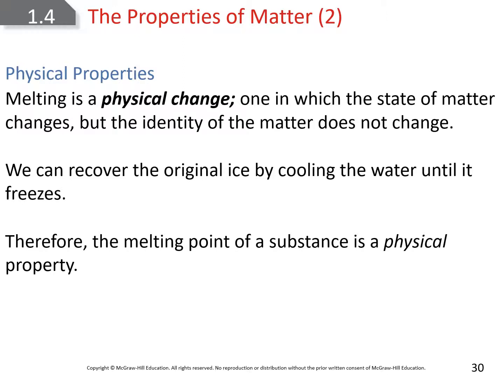So for example, if I start with ice and I melt it just by adding heat, and then I add more heat and vaporize it, the water molecules are still going to be the water molecules. They are not going to change, right? Because I can get those vapors back and I can re-liquefy it and refreeze it. It's still going to be water. That's a physical property and a physical change.